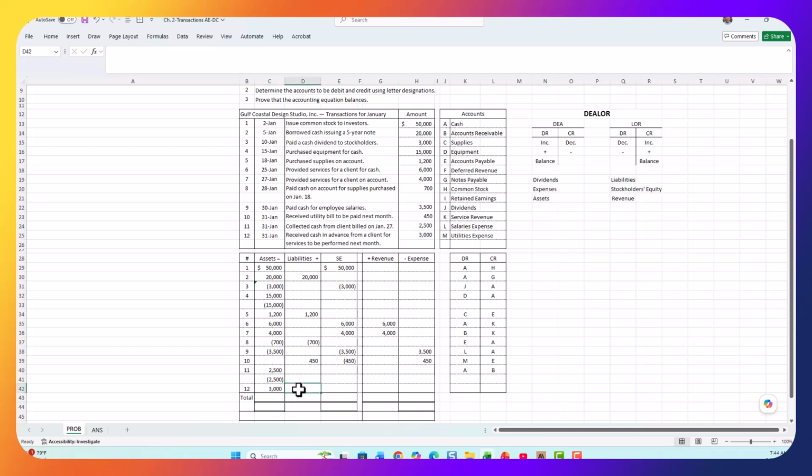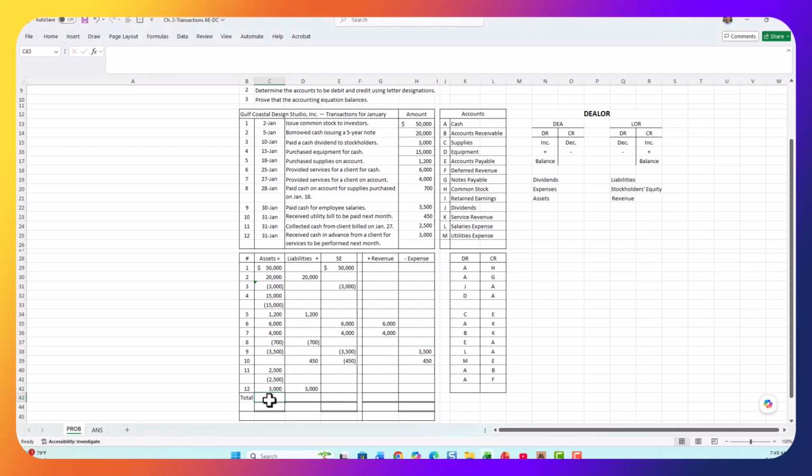That creates a liability. Deferred revenue is a liability account. It increases instead of revenue. For this transaction, we are actually getting paid in advance. So we will debit A, cash, and credit F, deferred revenue.